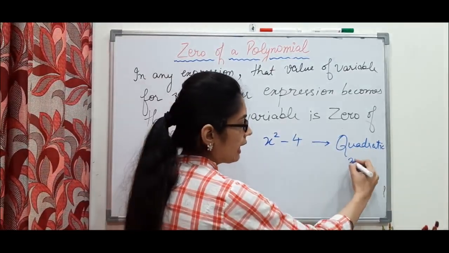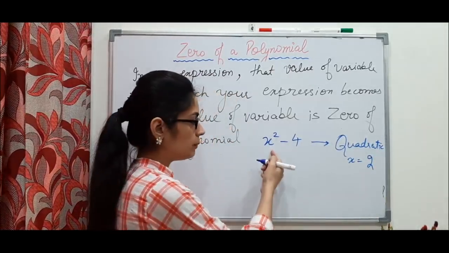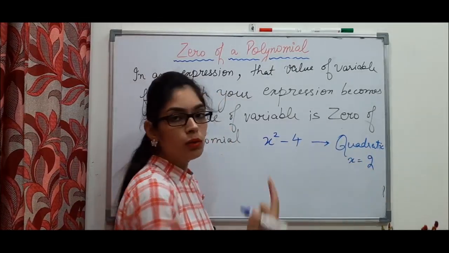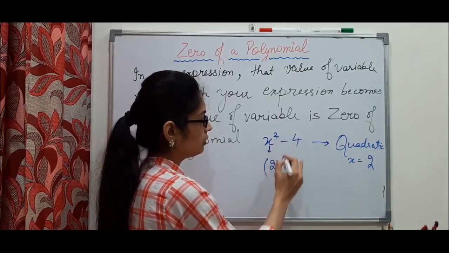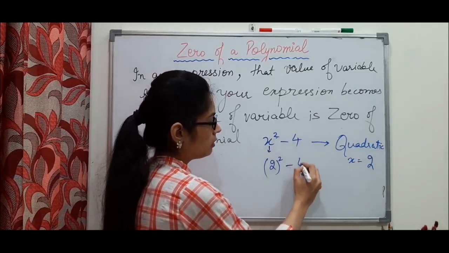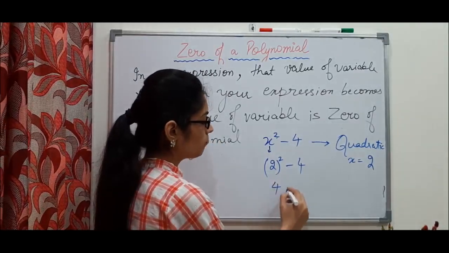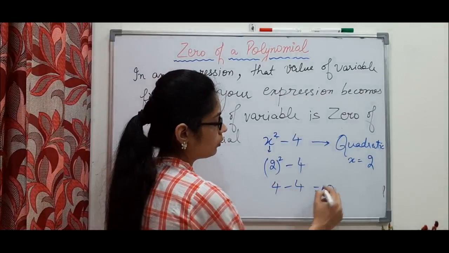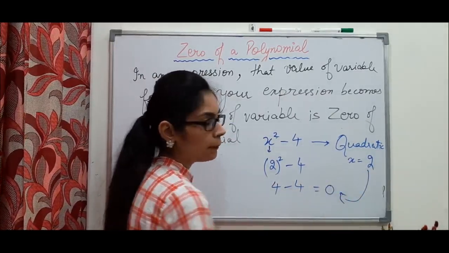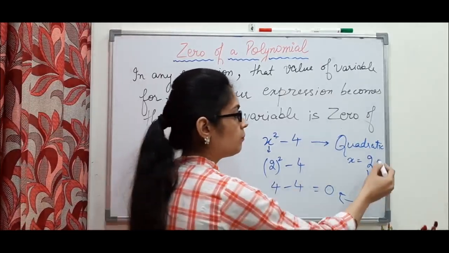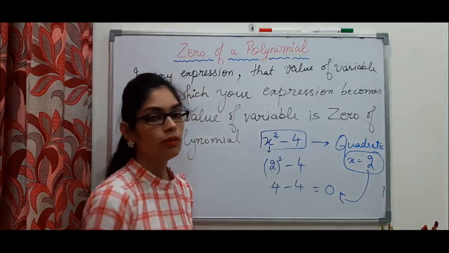So let's take x is equal to 2. In place of x I will write 2, and minus 4 will come as it is. Square of 2, 2 into 2, is 4, and 4 minus 4 we will get 0. Now for x is equal to 2, your expression becomes equal to 0, which means this 2 is a zero of the given polynomial.